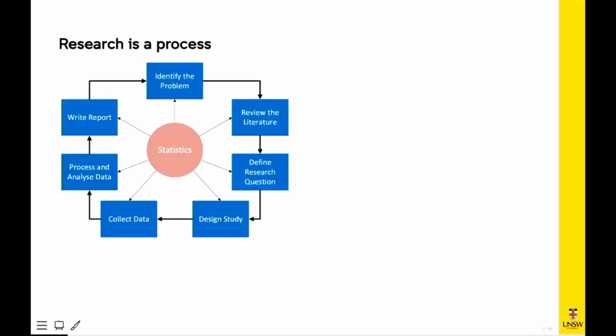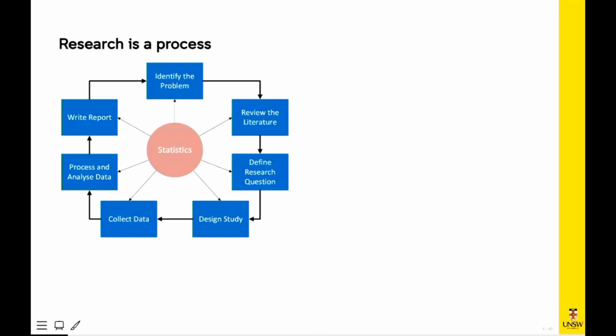Okay, so research itself is an iterative process. It's sort of circular, and even within these steps, it's sort of circular. You might review the literature and then identify your problem, and then review some more literature, and then refine the problem a little bit more, before you get to defining your research question.